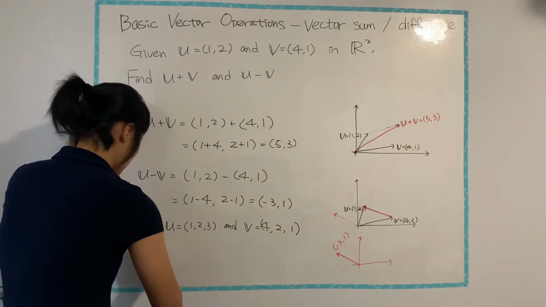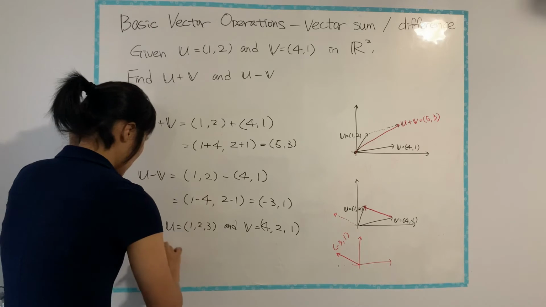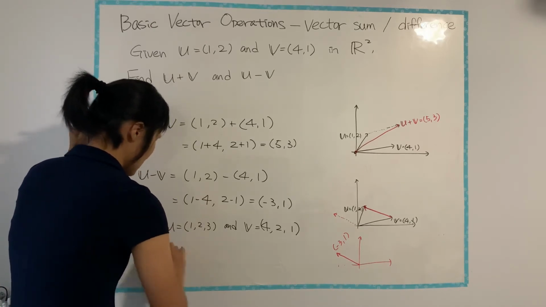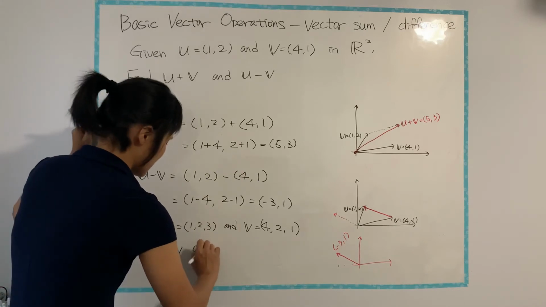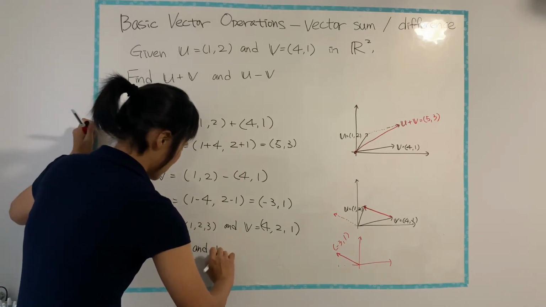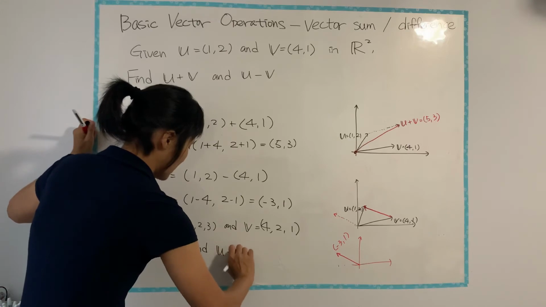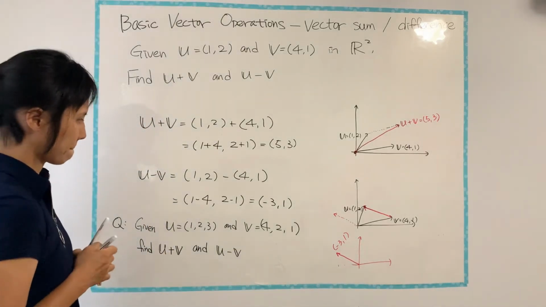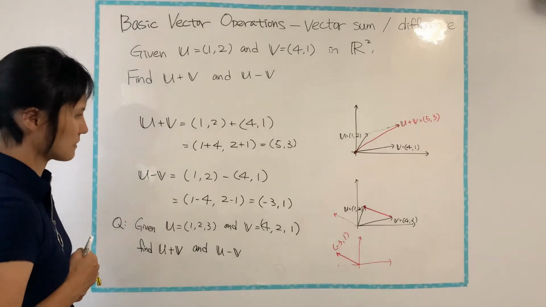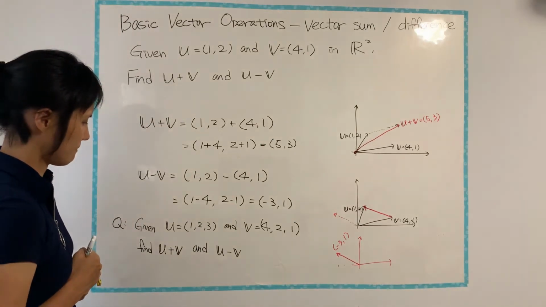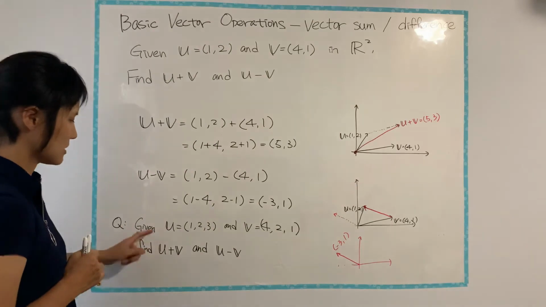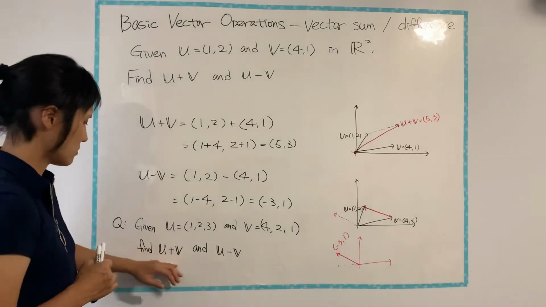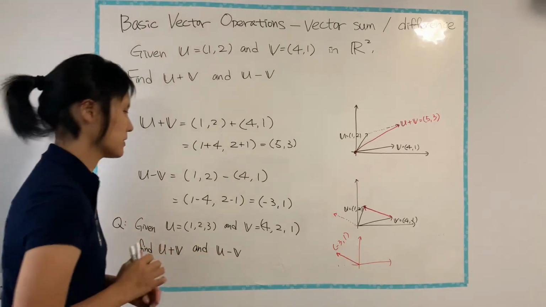Can you find me vector u plus v and vector u minus v? What do you think? What's the right way or right formula to find the sum of these two vectors and the difference of these two vectors?